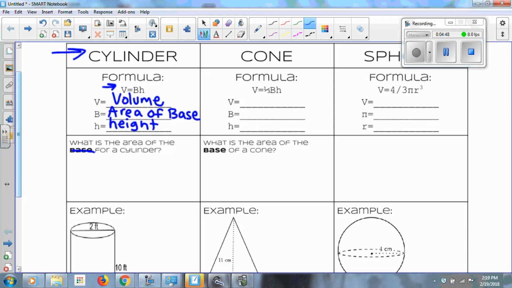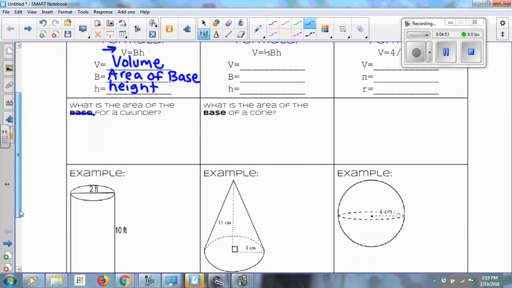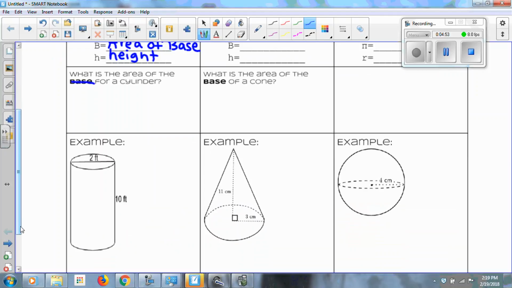So if we look at our picture, we see that the shape of the base, remember what that means is that it is on top and bottom here, I have two circles, and the area of the base for a cylinder, the shape is a circle, and how I find the area is looking at my star chart or memorizing that it's pi r squared.